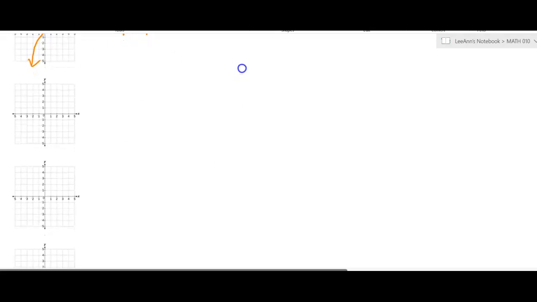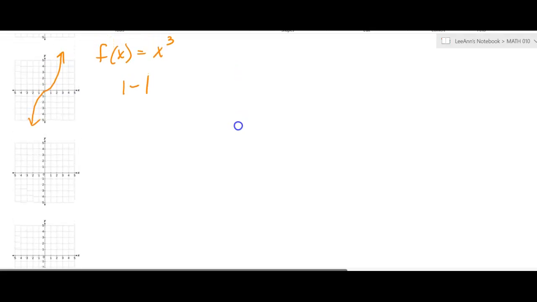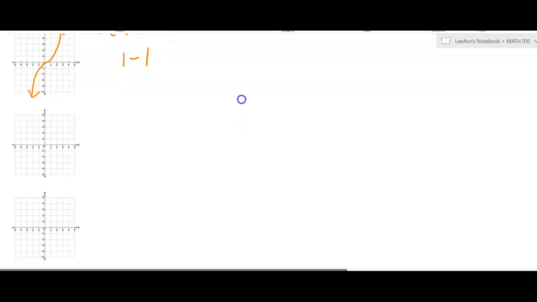Let's see, what am I leaving out? I'm leaving out a function. Oh, the reciprocal function. Reciprocal function looks like this. And believe it or not, that is one-to-one. That one looks kind of different, doesn't it? But it is one-to-one.